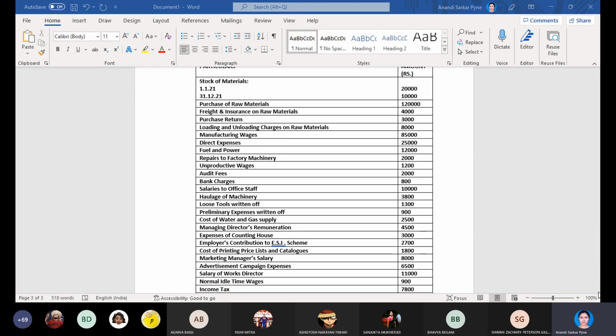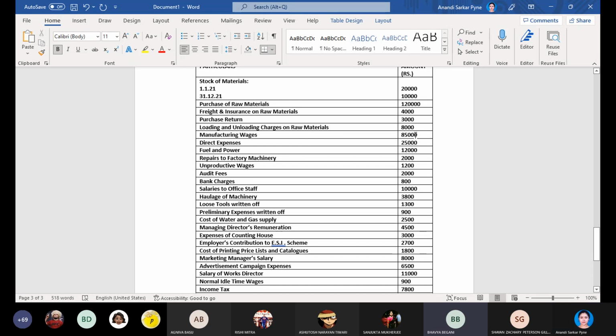After doing that, you will be searching for two other types of expenses. One is wages, another is direct expense. So we will see if we have any productive wages or direct wages. We have direct expenses, but we are searching for manufacturing wages. Manufacturing wages is your direct wages.